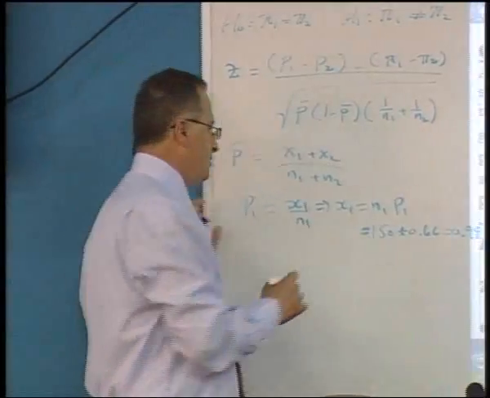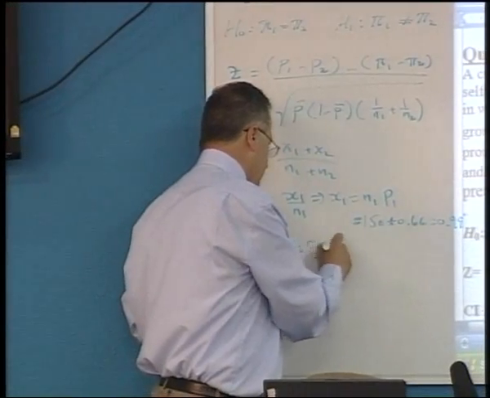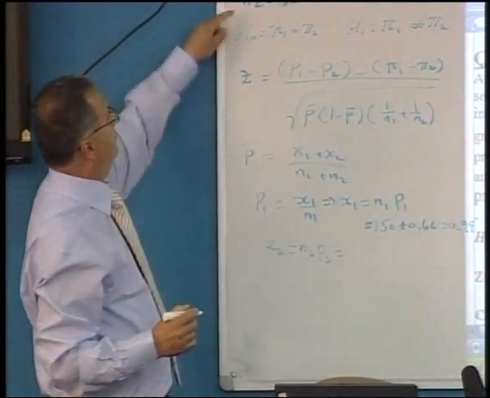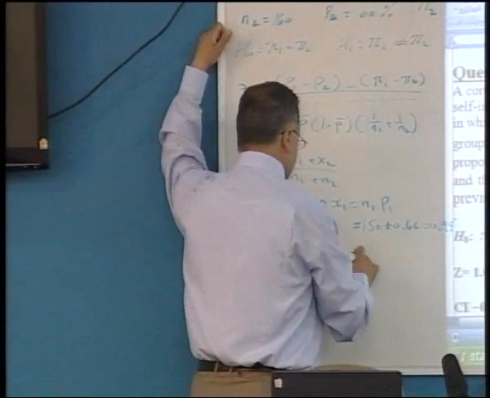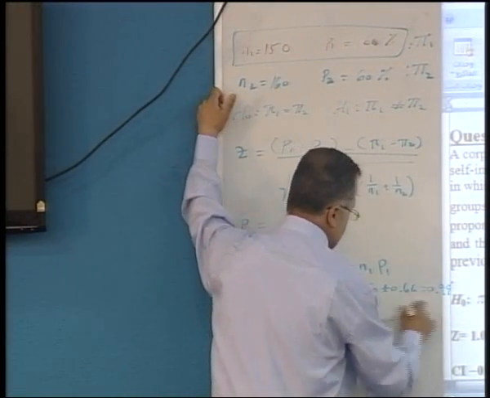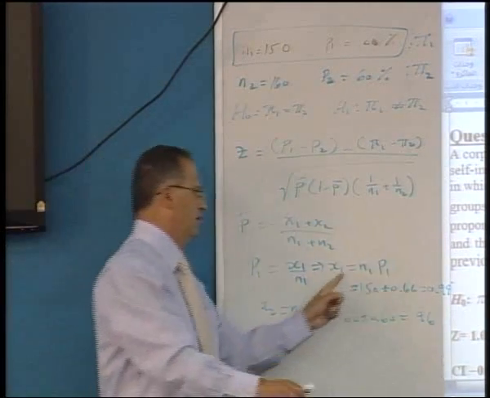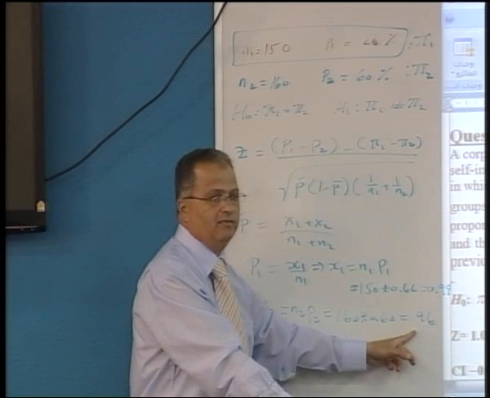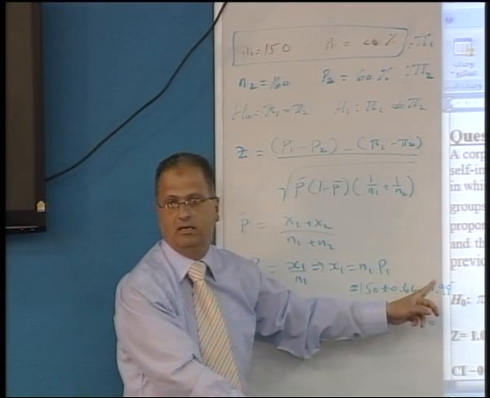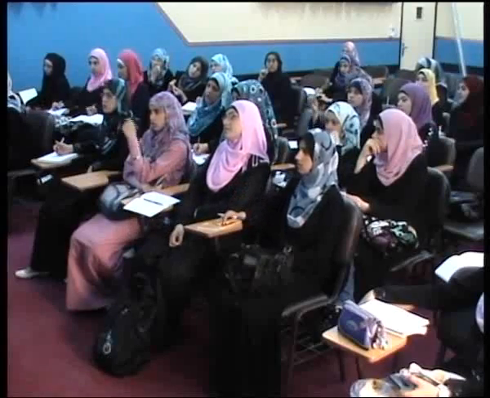Similarly, x2 equals n2 times p2. n2 is given as 160, so 160 times 60% is 96. So the number of successes is 96 for the previous study and 99 for the current one.